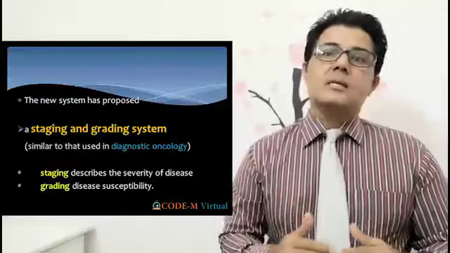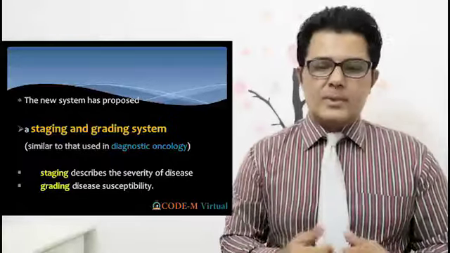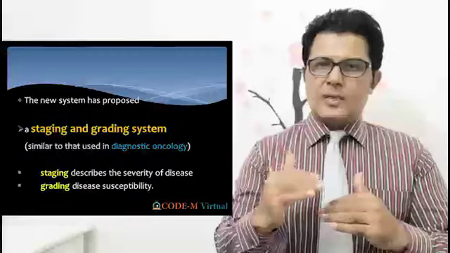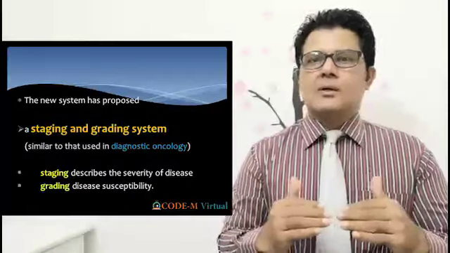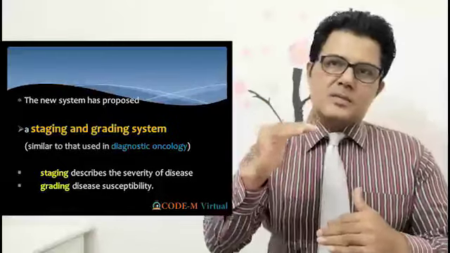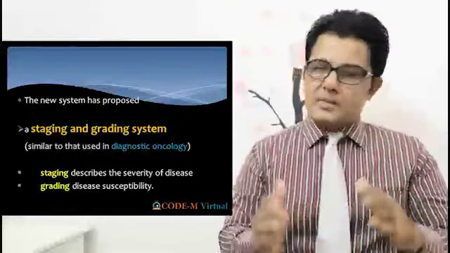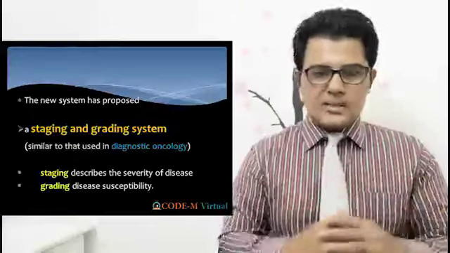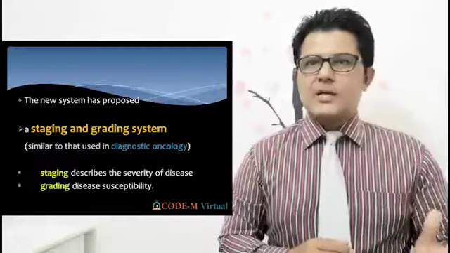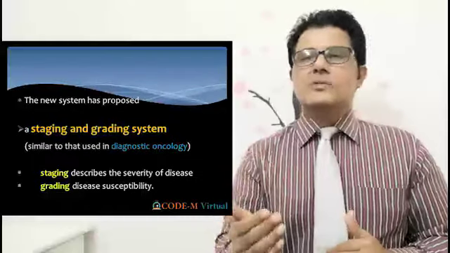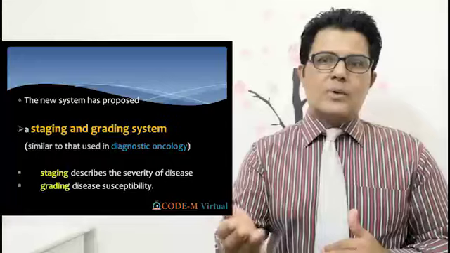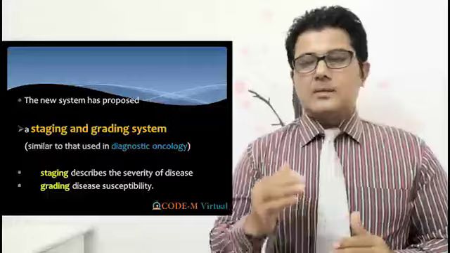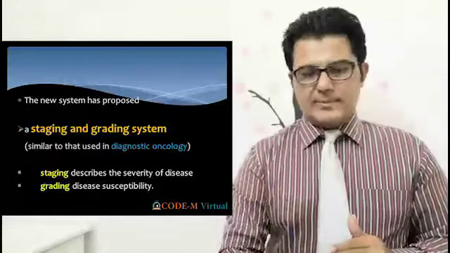This staging and grading system has taken influence from diagnostic oncology, in which cancer patients are diagnosed according to the stages of the disease, stage 1, 2, 3, like that. So it is an almost similar staging and grading system in this classification. The staging describes the severity of the disease, how severe the periodontitis is or the patient's health, and the grading shows the susceptibility of the disease.